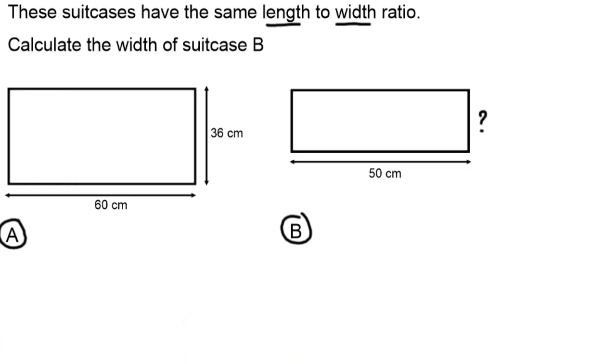So let's go to our example and see how we are going to solve this problem. Let's start with suitcase A. What do I have in suitcase A? I have length 60, width 36. So I can write length to width: the length is 60 to width 36. What about B?